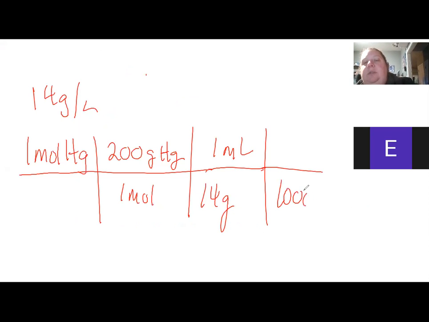And then there's 1,000 milliliters in 1 liter. So it would be one of the tiny numbers. Oh, it says the answer choice is D. Did I misread something?